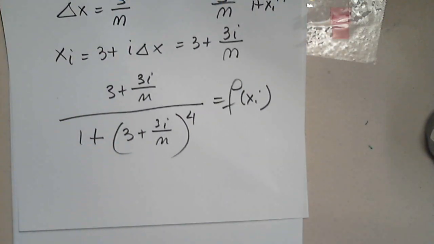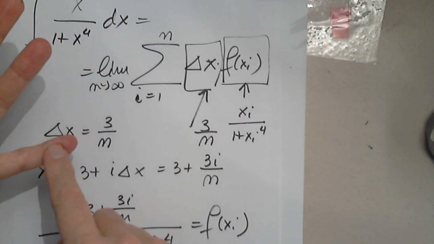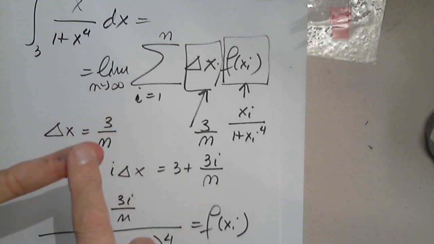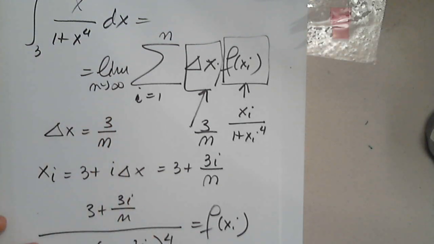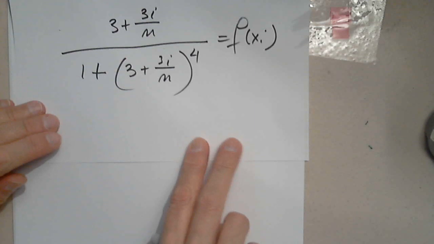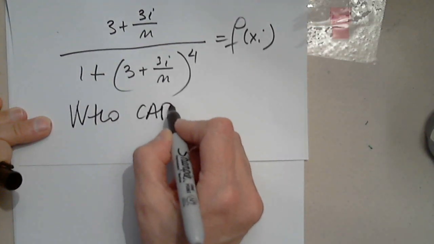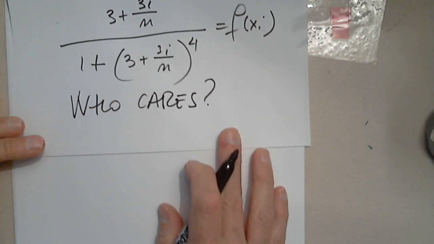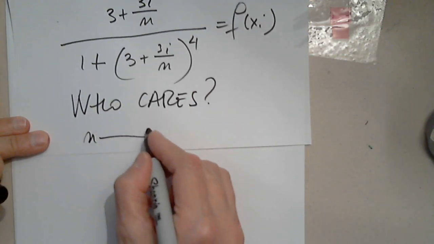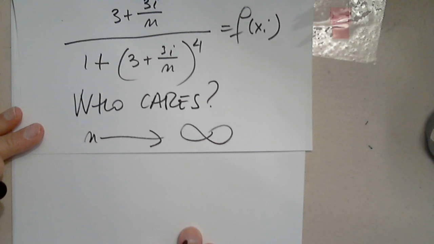Your question is, in the limit of the Riemann sum, what do I use? The leftmost point, the rightmost point, or the midpoint? Right. And here's my answer. Who cares?